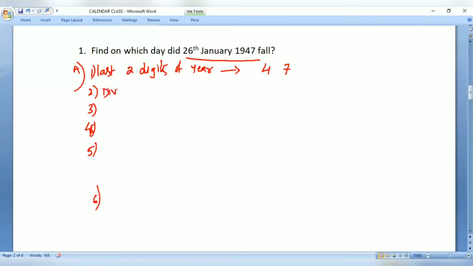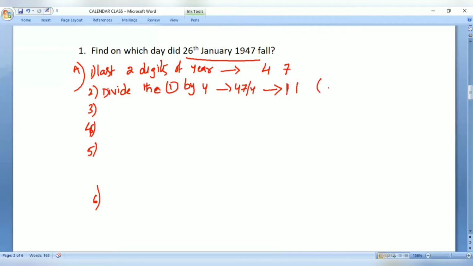Divide the data in step 1 by 4. That means 47 divided by 4. Take the quotient here. What is the quotient? 4 11s are 44 and 3 will be the remainder.